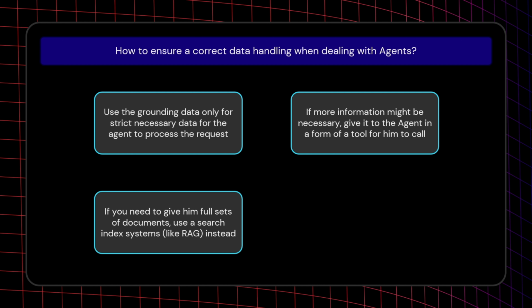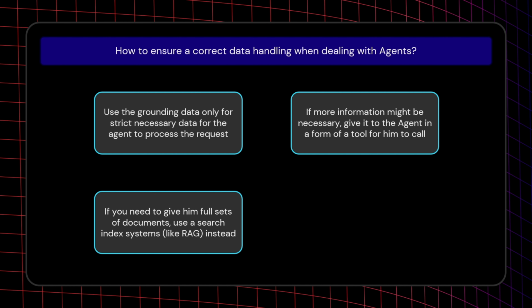Third, if you want to give him full sets of documents that are big, remember that the documents will be converted to tokens for him to use as inputs. So if you want to give him a full set of documents because you want him to search across the documents for specific contents, then it is better to use a search index system, like for example a RAG.